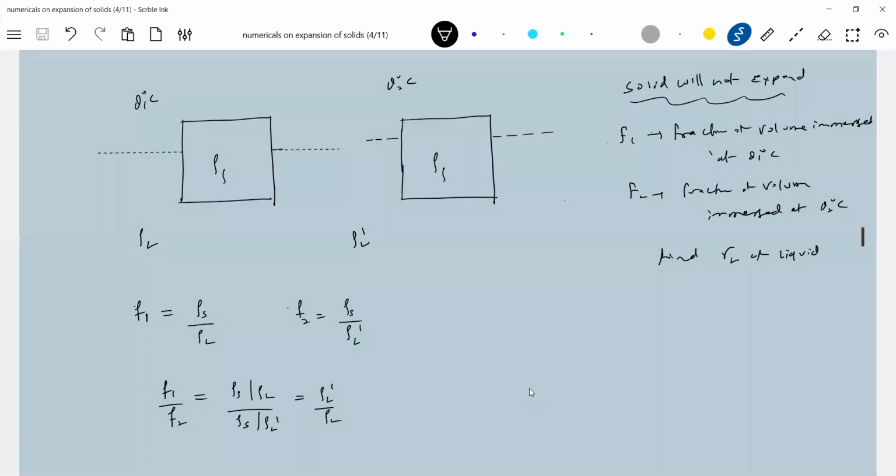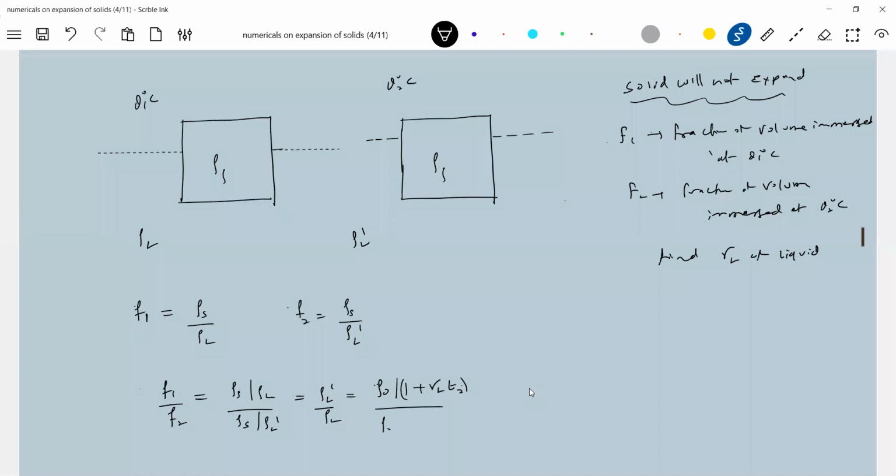Rho L dash at temperature, so rho L dash should be equal to rho naught into 1 plus gamma L theta 2.